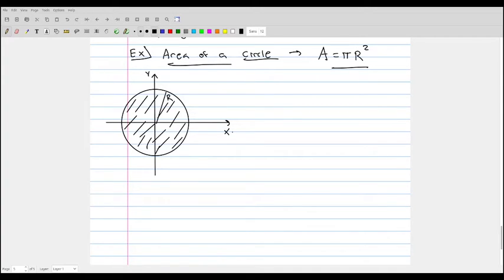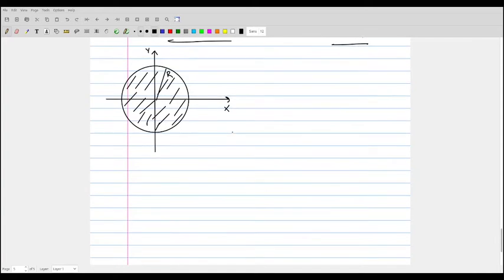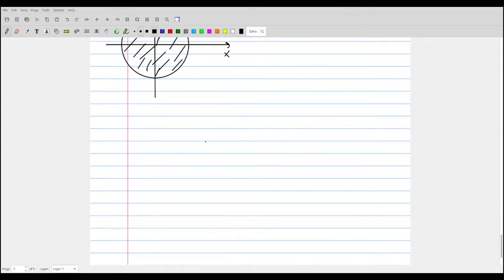You'll recall from before that we defined the area of any region to be the double integral over that region of the constant function 1.